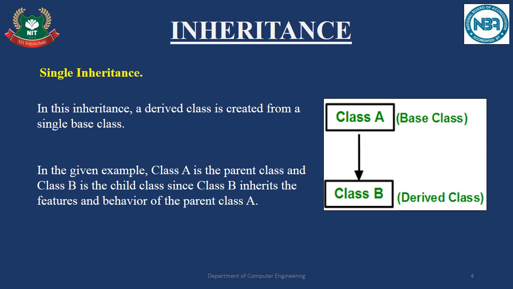So a single parent exists, that is class A, and a single child exists, that is class B. The parent class is at the upper end, which is class A, whereas the child class is class B. So class B inherits all its properties from class A. We can easily identify single inheritance using the concept of a single parent and a single child.